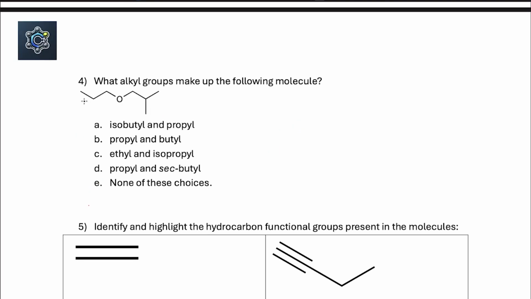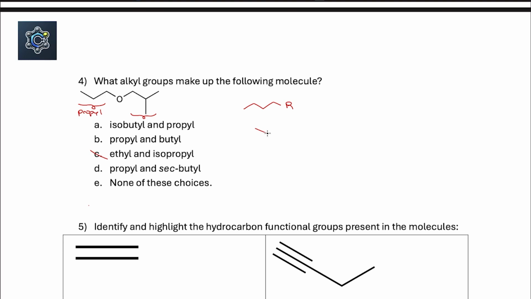Now in this problem, again, we want to identify the alkyl groups. To the left, I see these 3 carbons, which definitely means this is a propyl group. So I can eliminate C. But to the right, I see this complicated structure with 1, 2, 3, 4 carbons. It's definitely not butyl, because butyl is going to be the perfectly straight chain form.